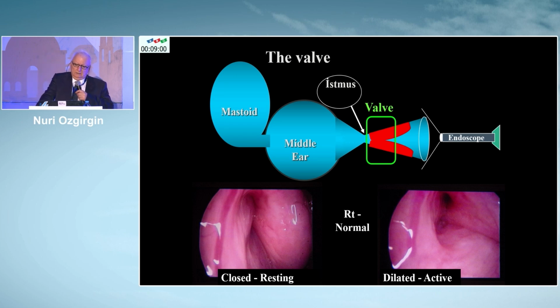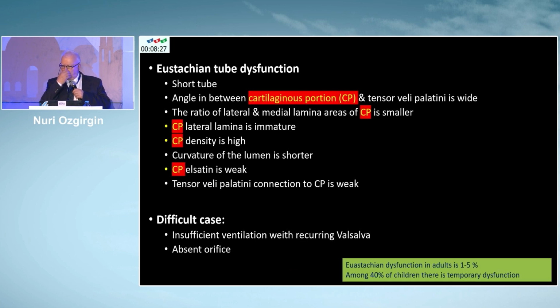We know that the mastoid cells have a direct connection with the middle ear, and there is an isthmus between the osseous and cartilaginous parts. This is the critical part, but the most critical part is, of course, the cartilaginous part. These are the resting and active openings of the Eustachian tube nasopharyngeal orifice.